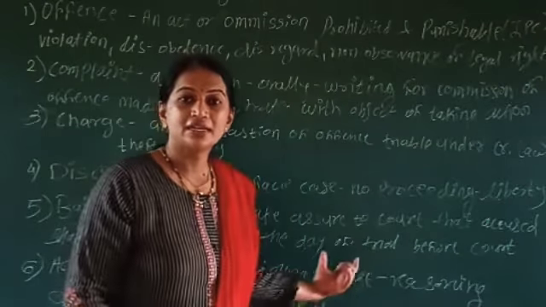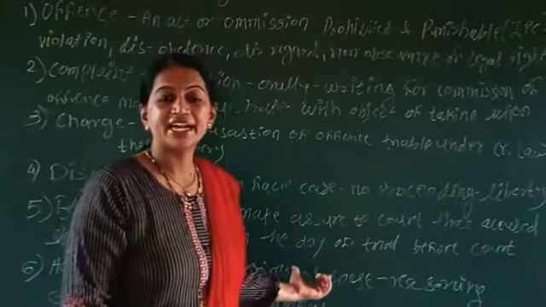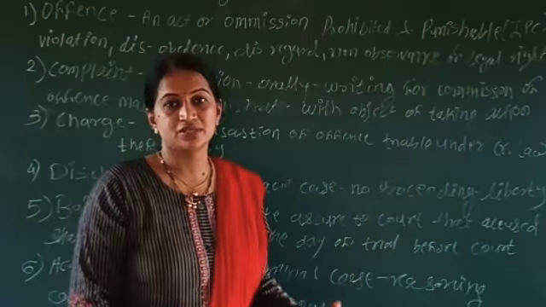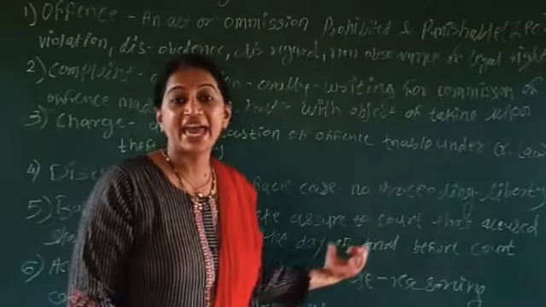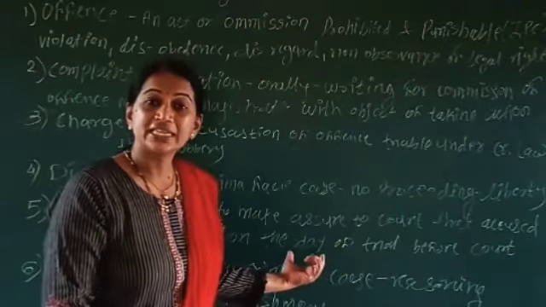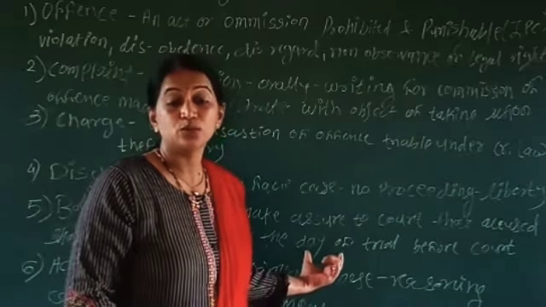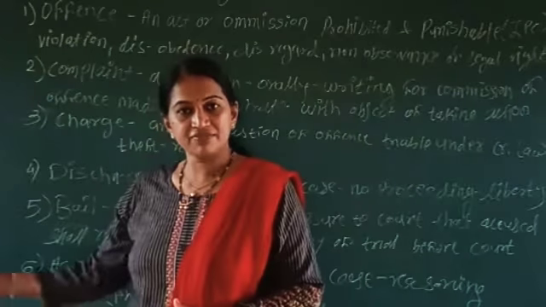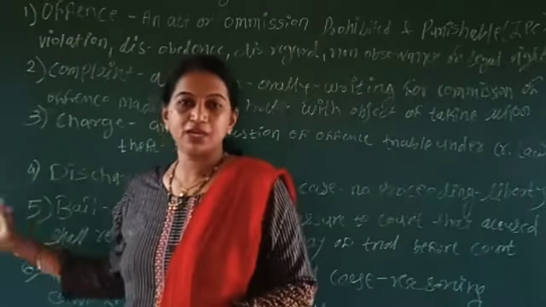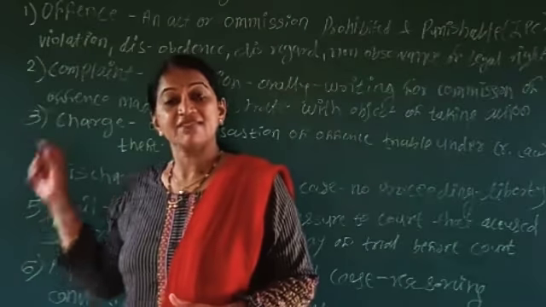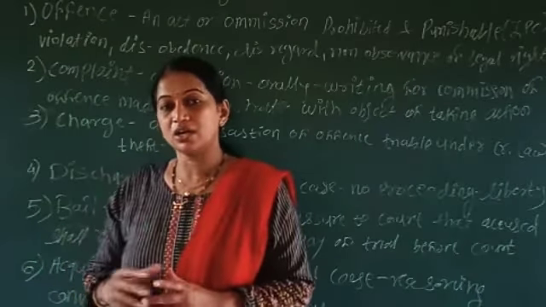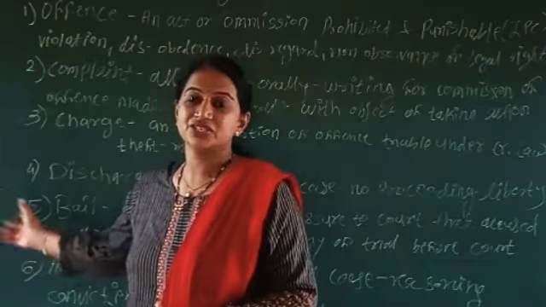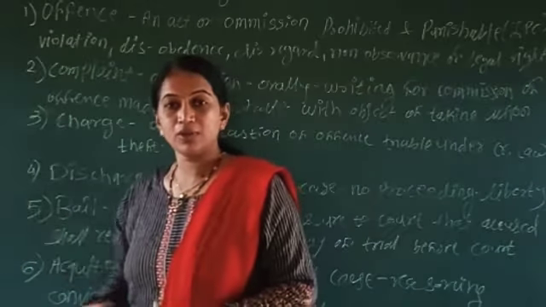So, the court sets that accused at liberty, records the reason for acquittal and makes an order of acquittal. This order of acquittal bars subsequent prosecution against the accused person. It means that if the accused person is acquitted of that particular offence, no person can file a complaint or a criminal case against him on the same charge or regarding the same offences.